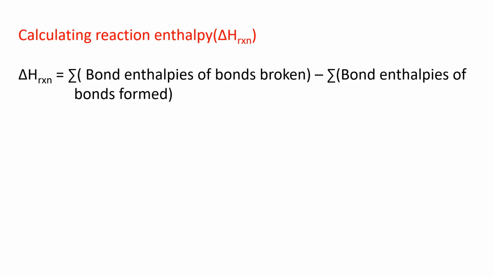Now, calculation of reaction enthalpy from these bond enthalpies. Reaction enthalpy is equal to, remember this formula, the summation of bond enthalpies of the bonds broken, that means in the reactants only bonds are broken, minus the summation of bond enthalpies of bonds formed, that means the bonds formed in the product.